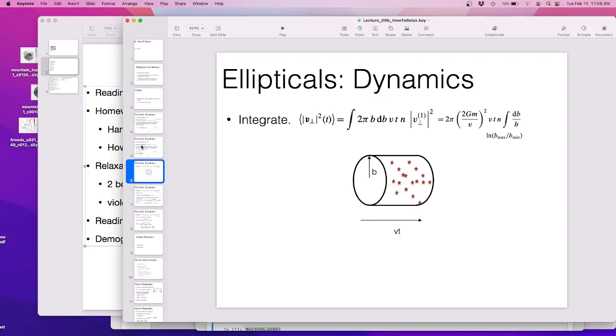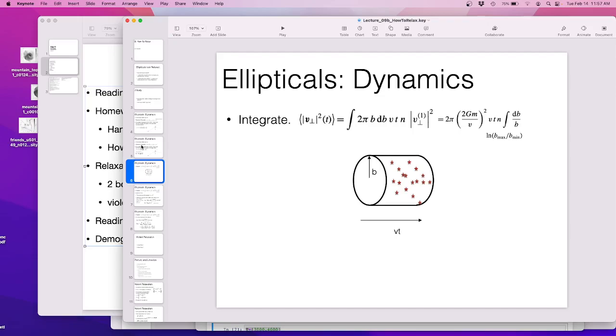My extent goes from 0 to v delta t, that's how long the cylinder is.